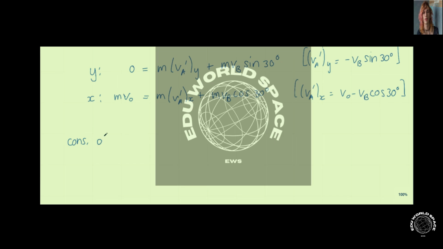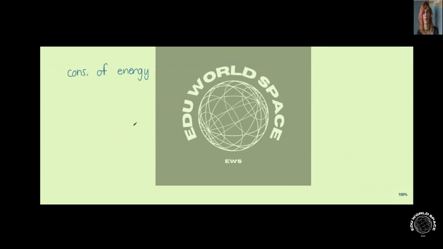So we've applied the conservation of momentum. We know that energy is also conserved, more specifically, in this case, kinetic energy. The initial kinetic energy of the system is that due to ball A, a half m v naught squared. The final kinetic energy is the kinetic energy due to ball A and ball B as they move off.